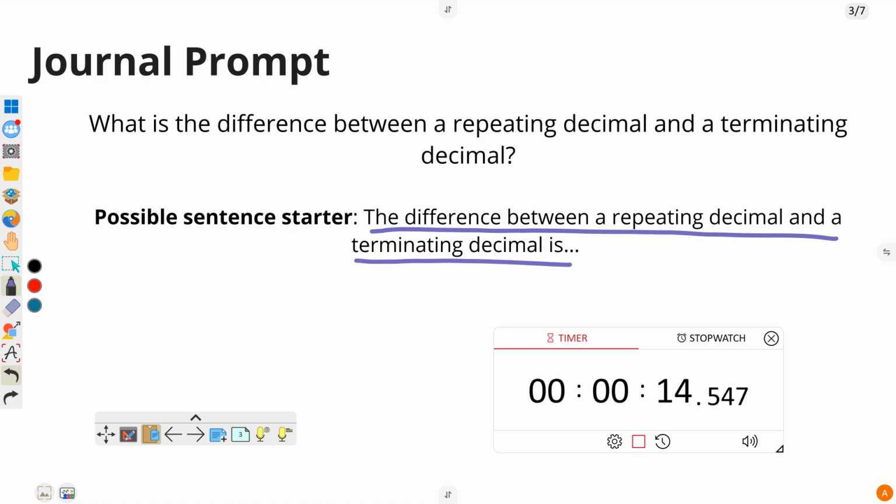Make sure you start your sentence with a capital letter. You end it with punctuation, most likely a period.